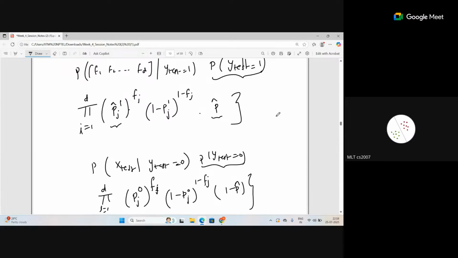If this probability is greater than this, what will be the prediction for this x test? It will go to level 1, spam. Level 1 is spam. And if this value is lesser than this value, then the level will be 0. Is that okay now? Is that fine? I think it is the whole formula.